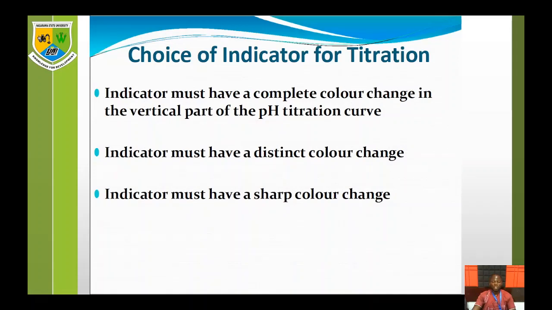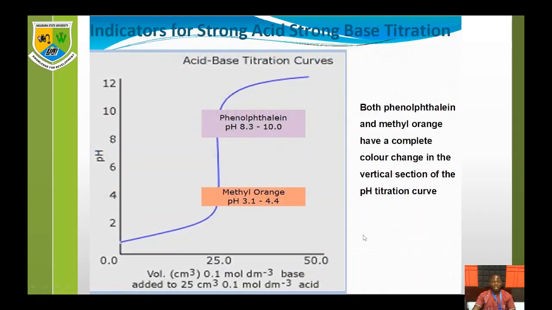So, choice of indicator in titration. Indicator must have a complete color change in the vertical part of the pH titration curve. Indicator must have a distinct color change. Indicator must have a sharp color change. Then indicators for strong acid, strong base titration.